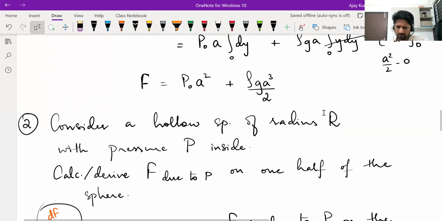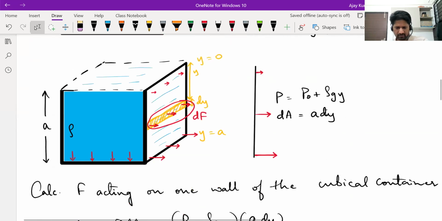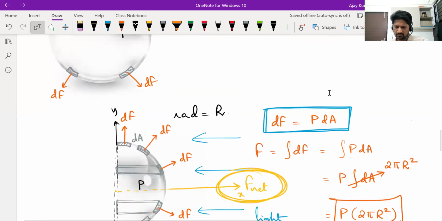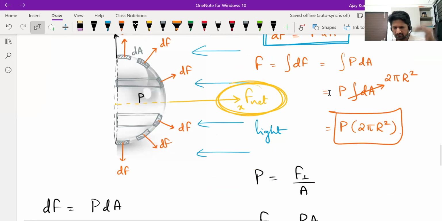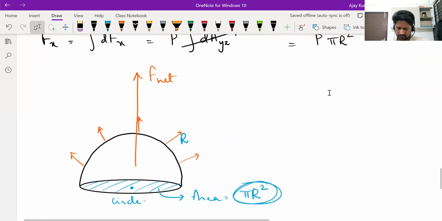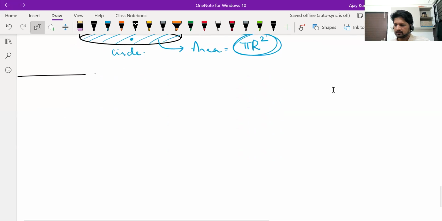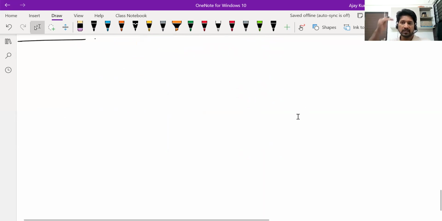So we did one problem where we calculated pressure on the wall of a base of a container, and then we took spherical container, uniform pressure everywhere. Now, yesterday we talked about how to calculate pressure with depth in case of a static fluid where the container was also in equilibrium. Let's consider a slightly different situation now.